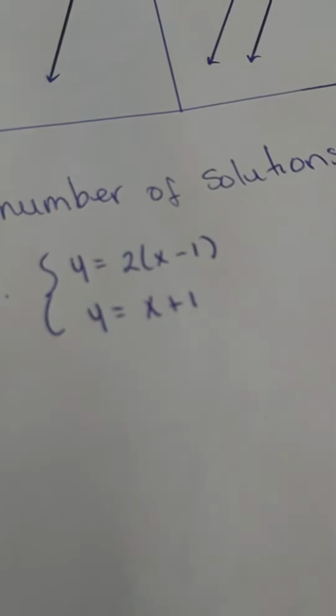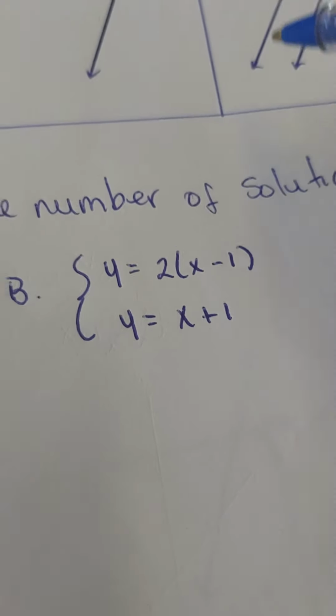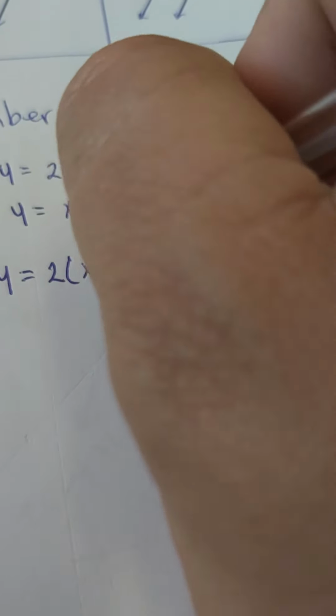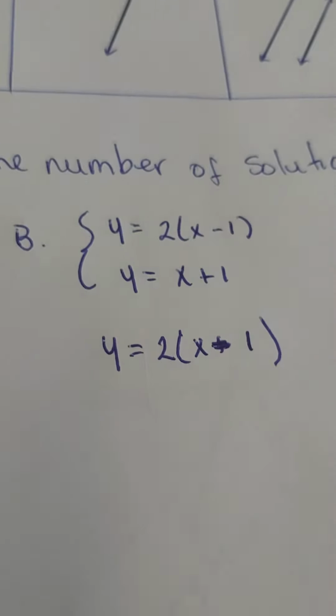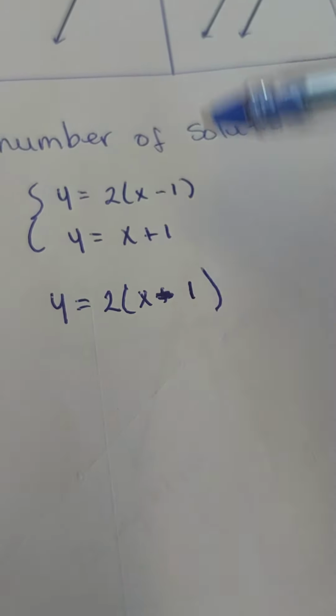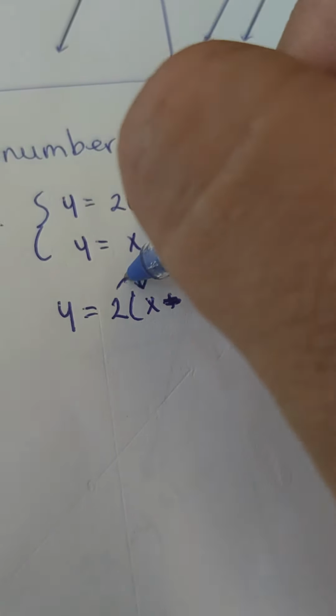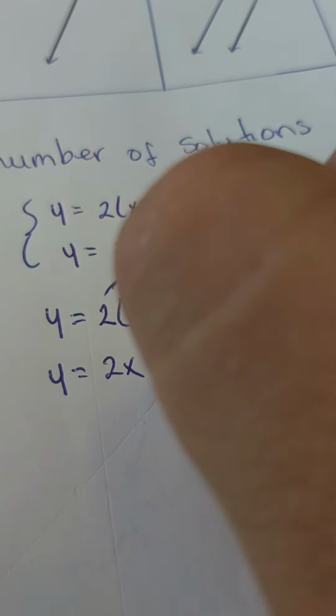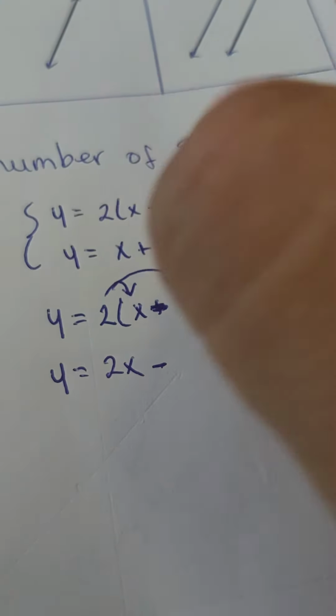Now, part B, we're going to do the same. Okay? Look at the first equation. We have y equals 2 times x minus 1. Since we have this parenthesis, that means that we're going to have to do a distributive property. So we get y equals 2 times x, 2x, minus 2 times 1, 2.